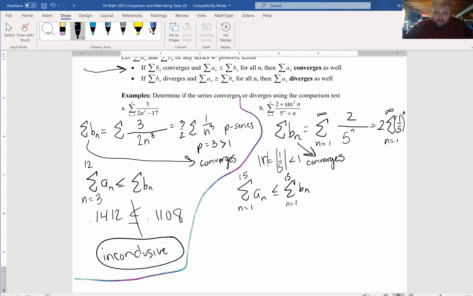Can you read those again? Yeah, so the sum of A sub n was 0.577, and the sum of B sub n was 0.499. So once again, it looks like we don't meet the criteria, right? Because the sum for A sub n is actually greater than the sum we got for B sub n.